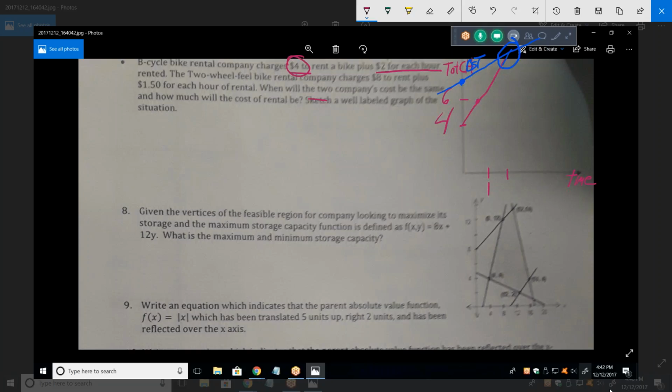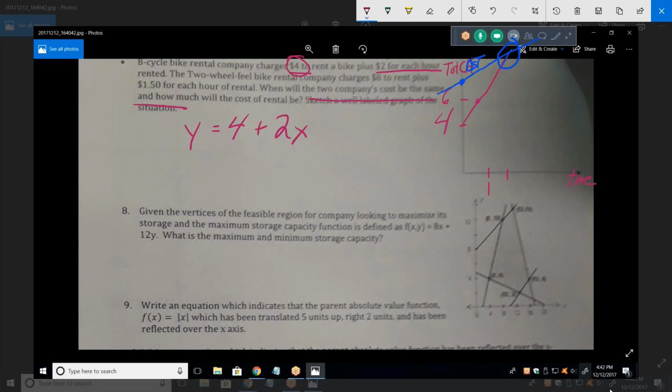Forget the last sentence and go to the last sentence. Okay, so what's the equation of the pink line? Y equals what? 4 plus 2x.